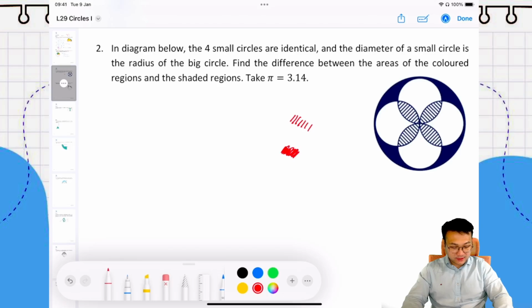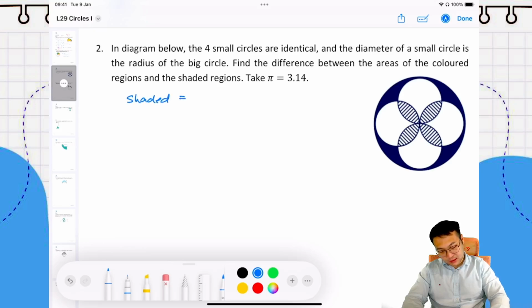You color it. They want you to find the difference between the shaded region and the colored region. So what do they mean by shaded? That means those four leaves in the middle. Those are the shaded regions, right? And how do you find the colored regions, students?